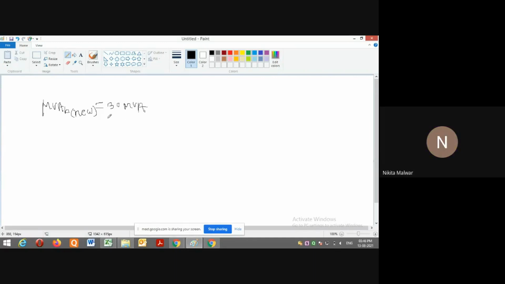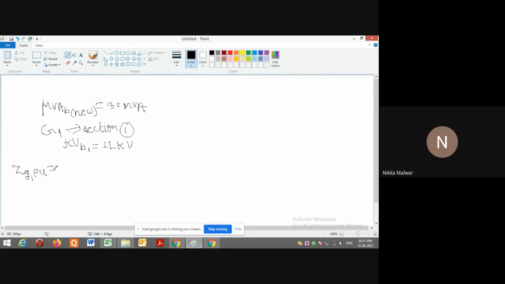Okay. Now your generator 1 that is G1 is in section 1. Okay. So for this section 1, what is the kV base? kV base 1. kV base 1 is? Yes, 11 kV, am I right? Yes, ma'am. Okay. So let us find the ZG1 per unit.